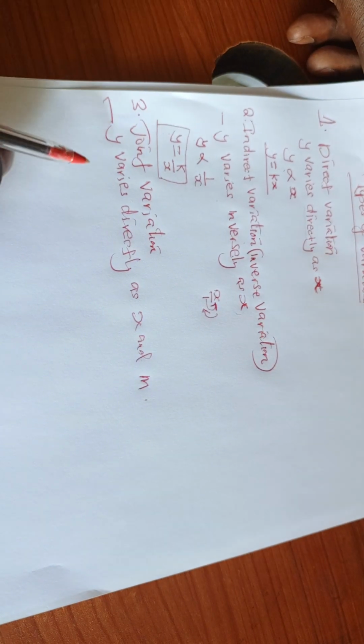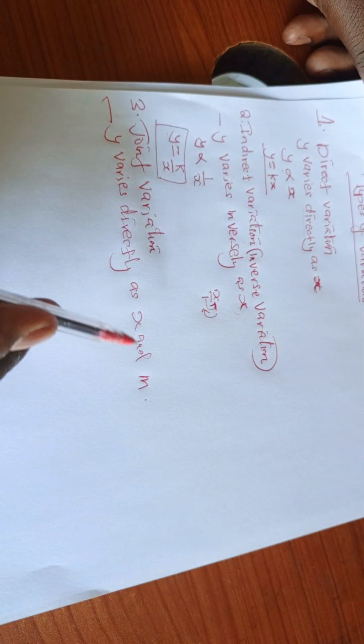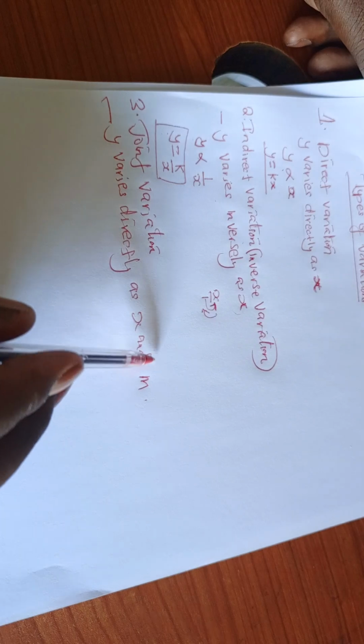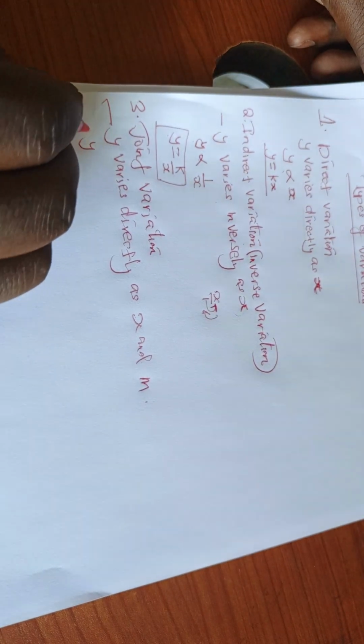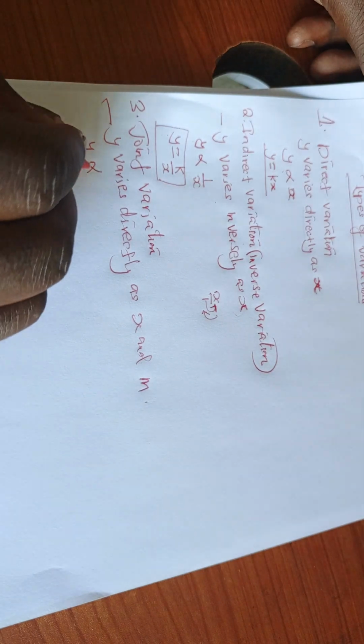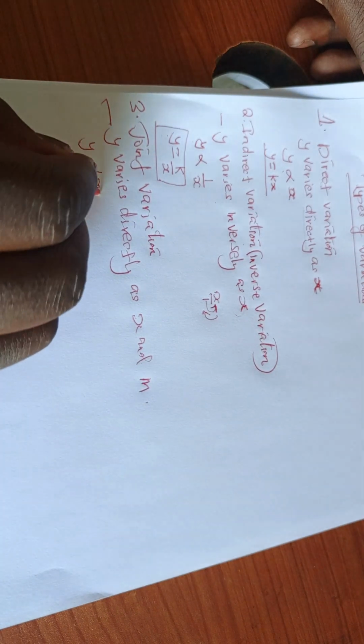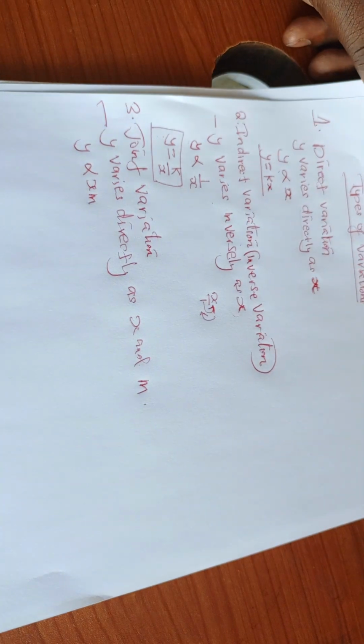So we have y varies directly as x and m, which means x and m, these are sisters here, so which means they're combined together. So it will be y varies x and m like this.